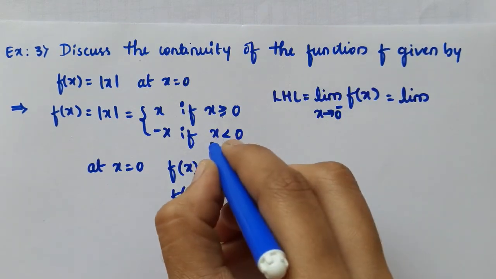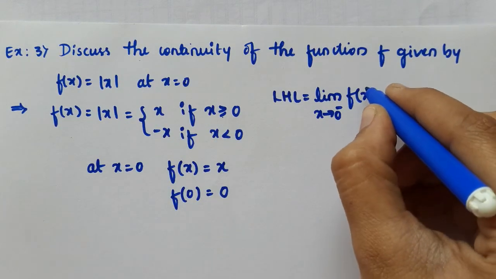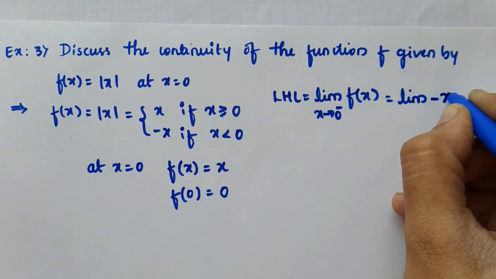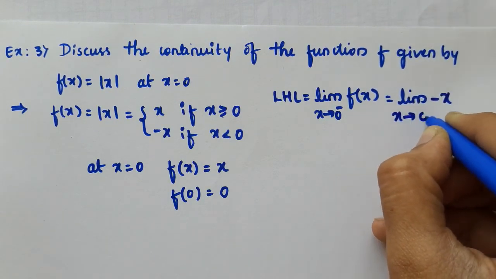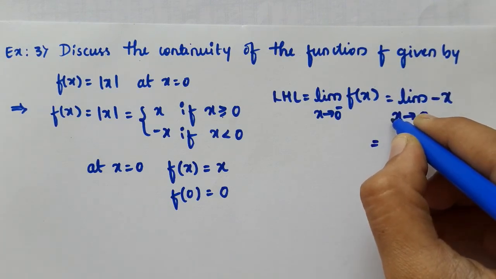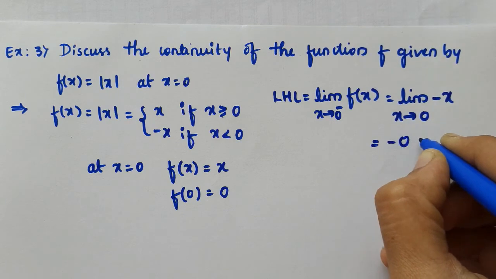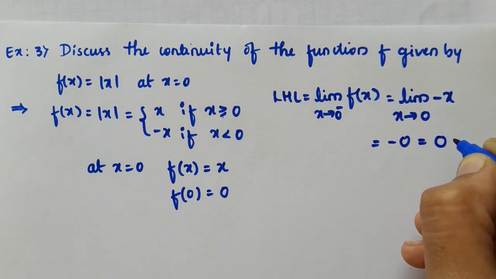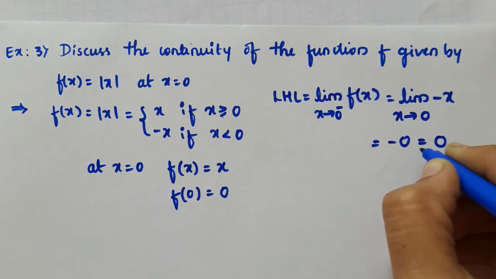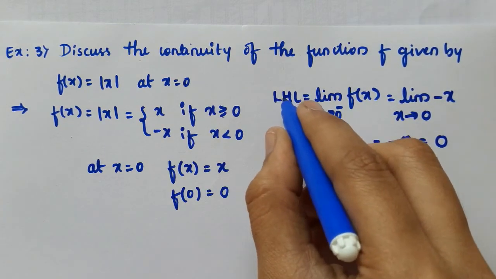For less than 0, what is the value of the function? Minus x. So, we will substitute minus x in place of f of x as x tends to 0. In place of x we substitute 0, and we will get minus 0. That is 0, because 0 is neither positive nor negative. We can write minus 0 as 0 itself. Therefore, the LHL value is 0.